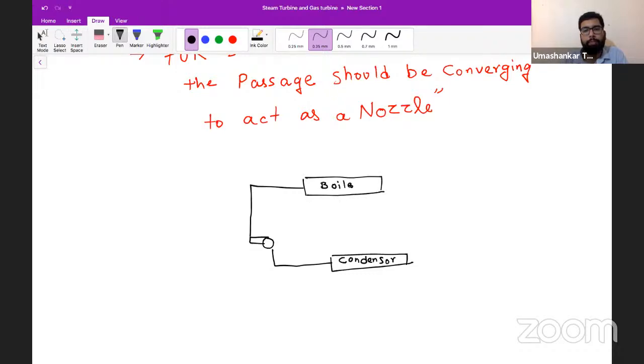So this is the boiler. This is our steam turbine. Till now, from the existing knowledge which was already in the syllabus, we knew all this. This is the pump. From the pump it goes to 2, comes out of the boiler at 3, and comes out of the steam turbine at 4.